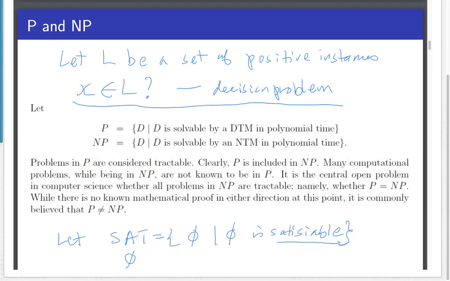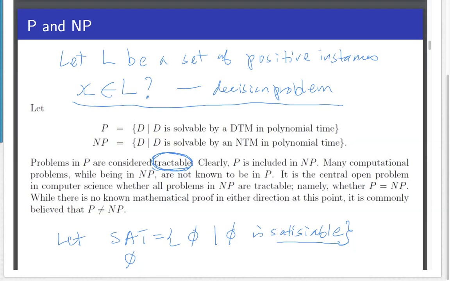As we said earlier, problems in P are considered tractable or efficient. We don't want to say efficient because in practice, if it's a high degree polynomial, it's not efficient, but we just say it's tractable.